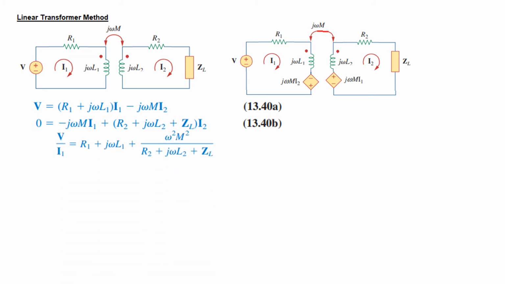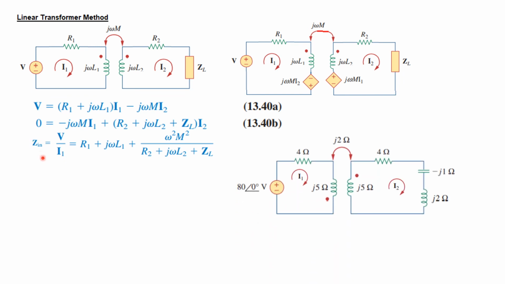When we do that, we find V over I1 to be like this: R1 plus j omega L1, this remains the same, and while putting the value, this term will be omega squared M squared divided by (R2 plus j omega L2 plus ZL).